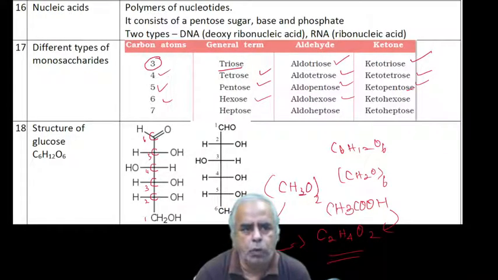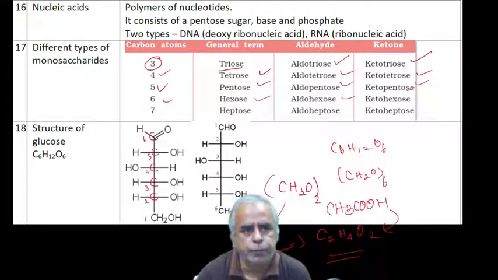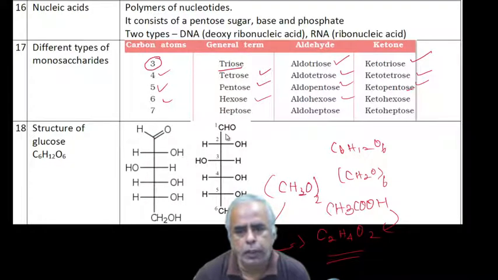It can also be counted the other way, but this is the potential functional group, so we should consider this one so that the numbering goes this way. You have to start from the top, as given here. So 1, 2, 3, 4, 5, and this is the 6th carbon atom, and this is the 1st carbon atom.